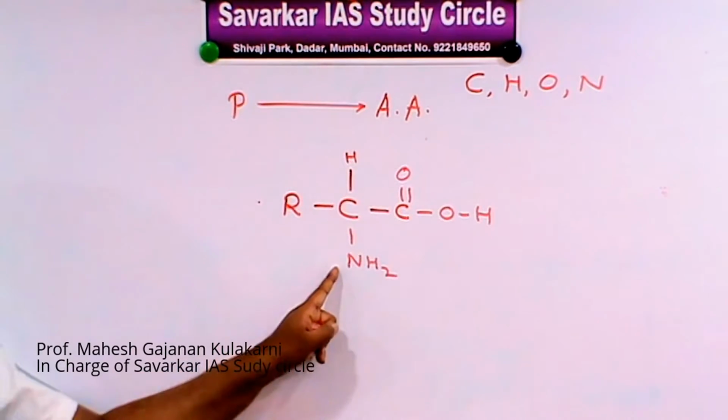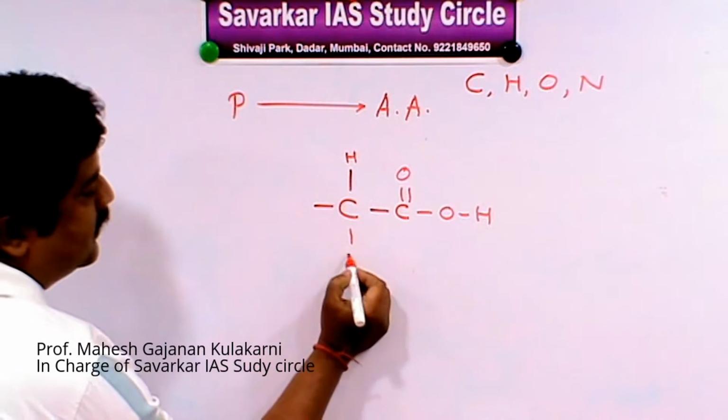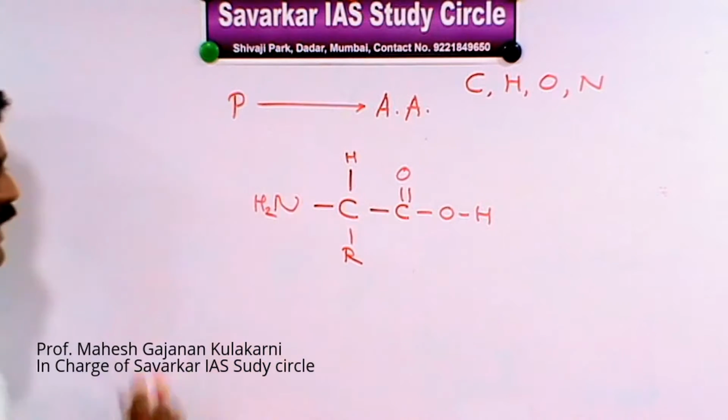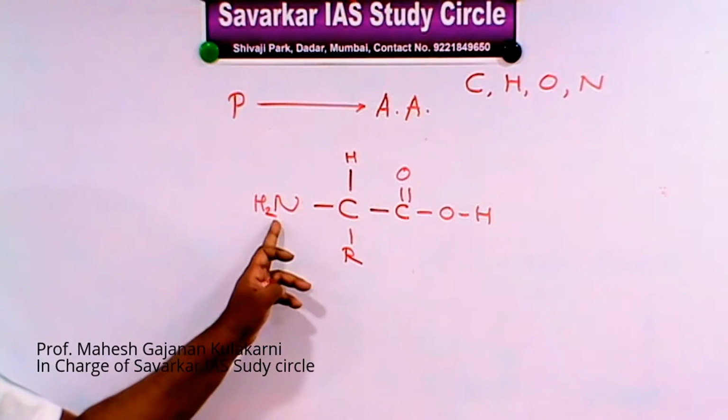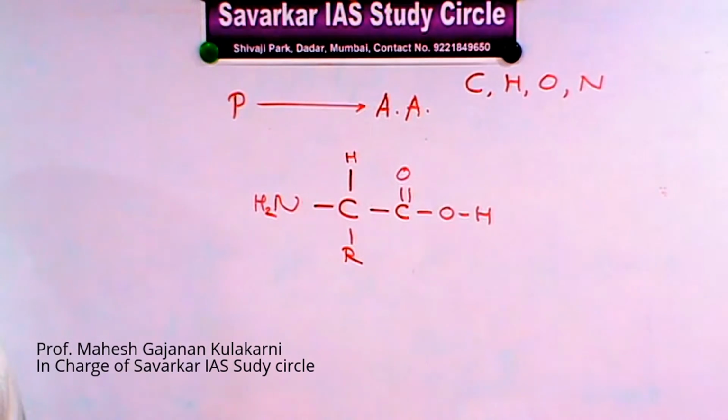For simplicity I may replace it this way. Here I connect R and here I connect NH2. So one side is the amino group, the other side is the acidic group. Then we call this an amino acid.